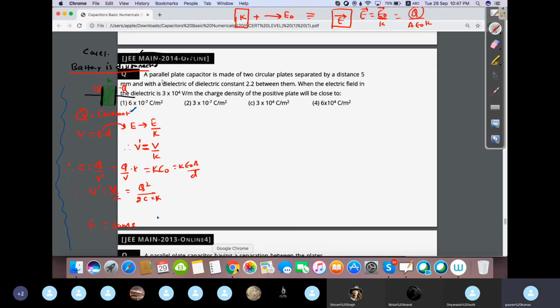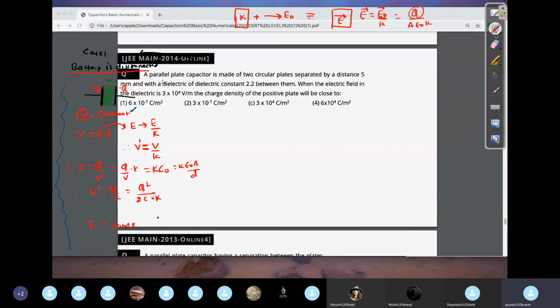Okay, let's see. You know this formula, right? In this case, what does the electric field between the plates become? You know, sigma by epsilon naught.